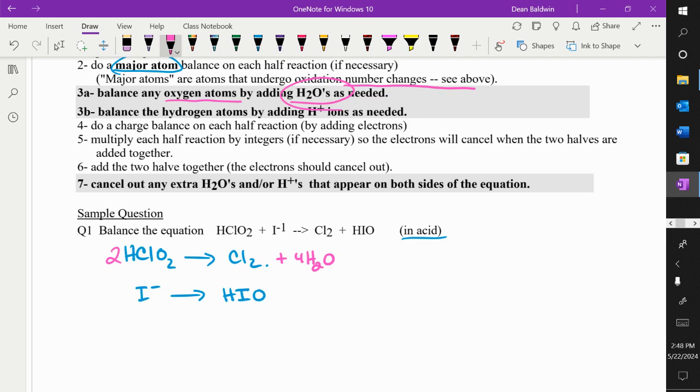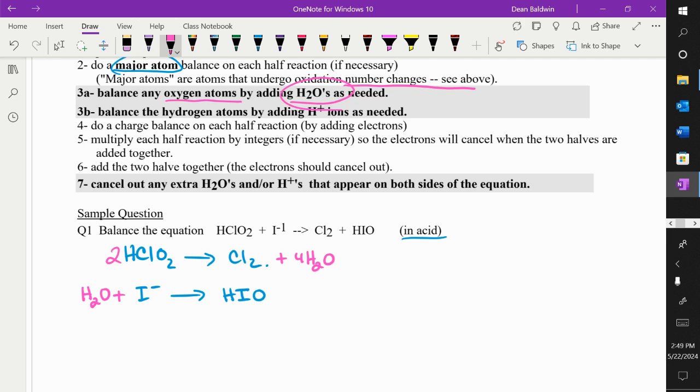All right, so I add 4 waters. The one below it, I have 1 oxygen on the right, so I have to add 1 water on the left. Okay? Is everybody with me?